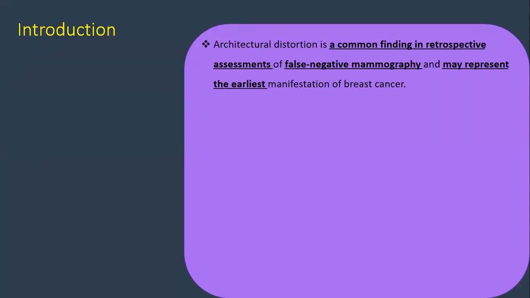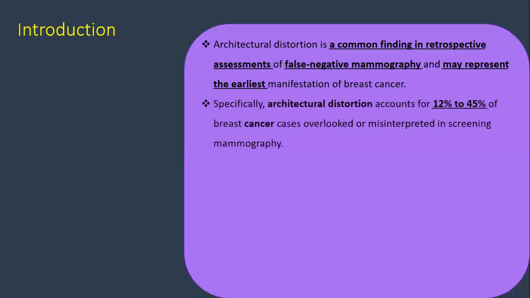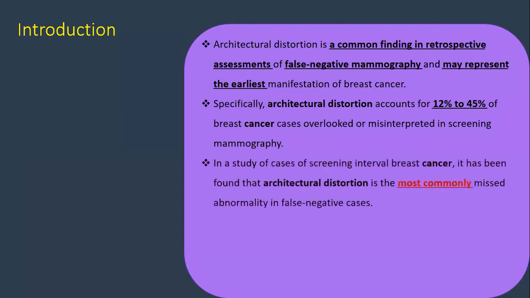Architectural distortion is a common finding in retrospective assessment of false negative mammography and may represent the earliest manifestation of a breast cancer. Specifically, architectural distortion accounts for up to 45% of breast cancer cases overlooked or misinterpreted on screening mammography.